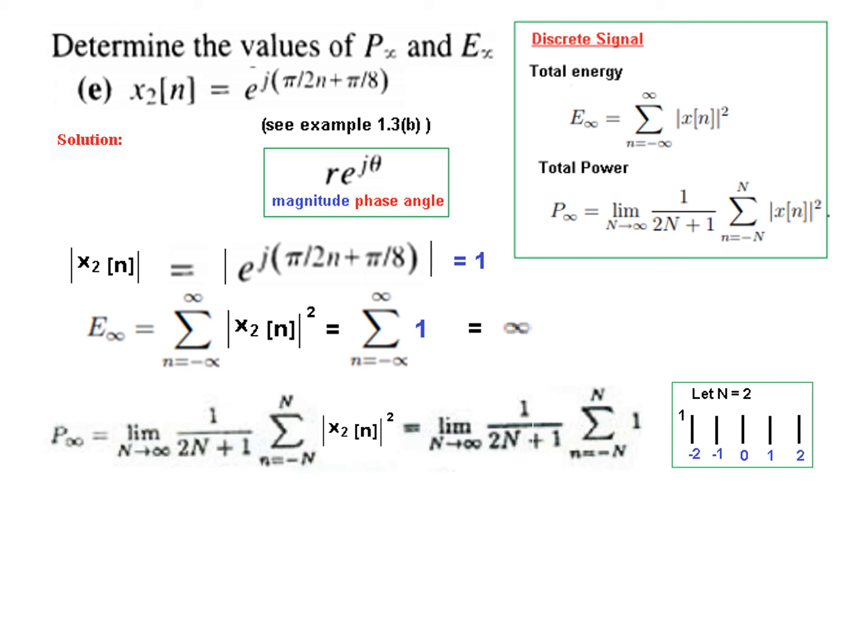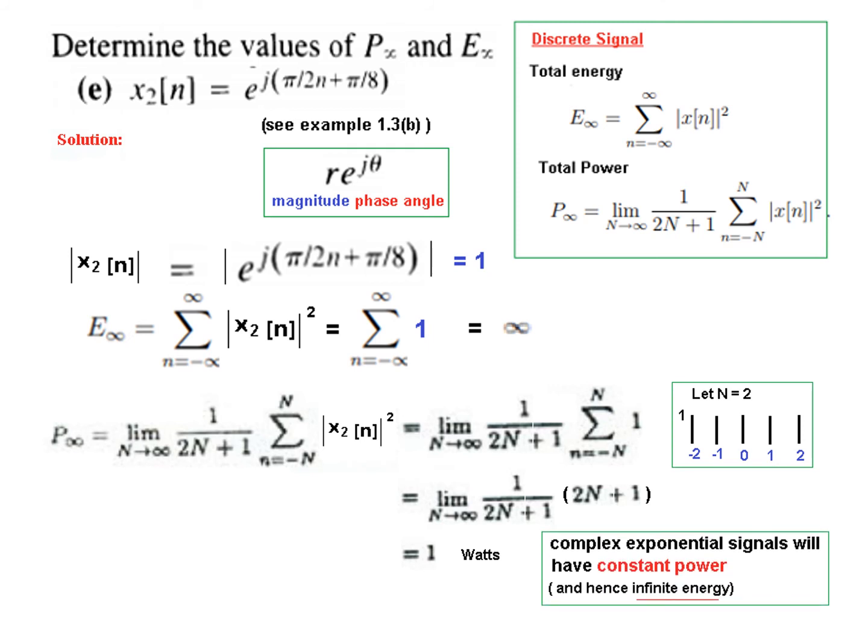From minus 2 to plus 2 we'll have 5 samples. You can see the 5 samples only come if we have 2N plus 1, that is 2 into 2, 4, plus 1, 5. So we write 2N plus 1 for this, and now 2N plus 1 and 2N plus 1 get cancelled. So power will be 1 watt. So energy is infinite, but power is finite, 1 watt. This confirms what we have learned, that complex exponential signals have constant power and infinite energy.